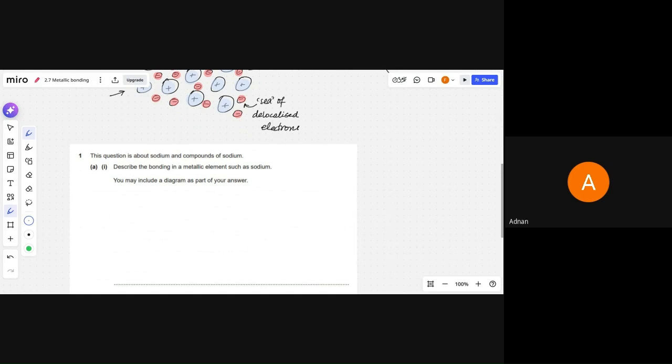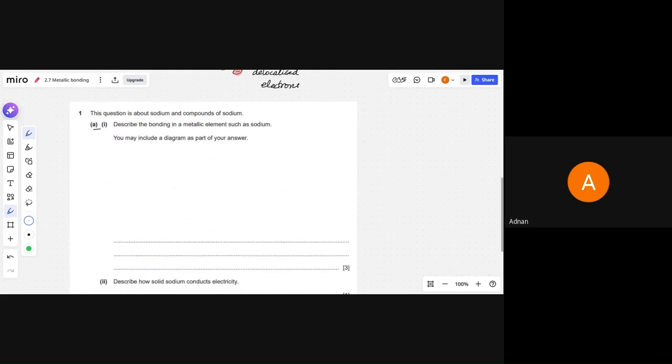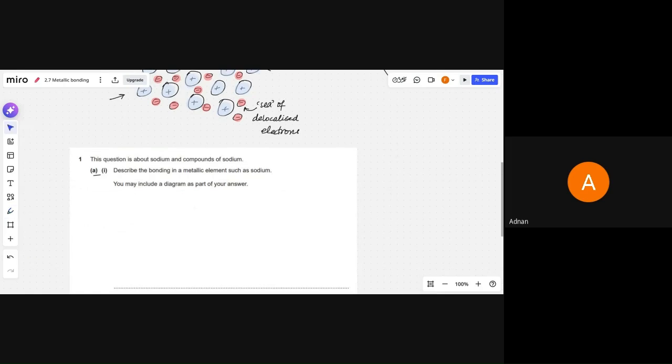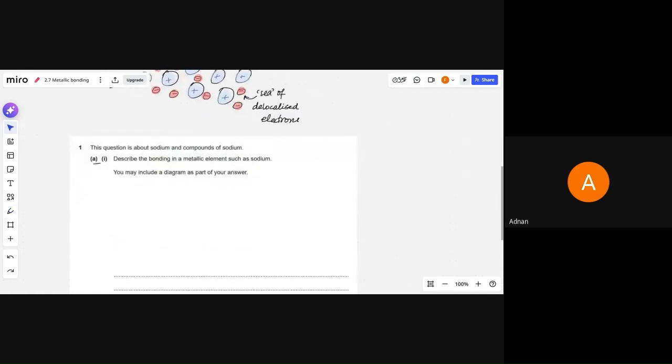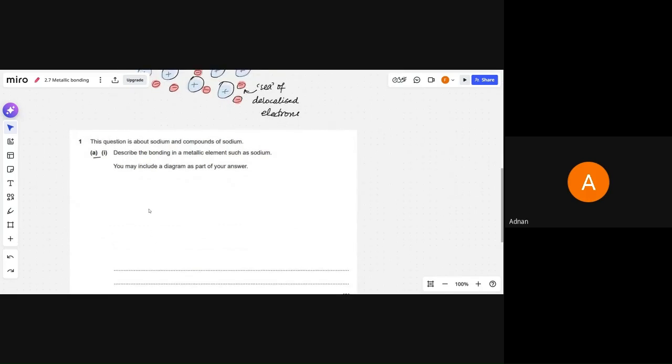This question is about sodium and compounds of sodium. A1: describe the bonding in a metallic element such as sodium. You may include a diagram as part of your answer. So you can draw this same diagram, which is here, and you can show positive metal ions, and you have to label them as well, right?